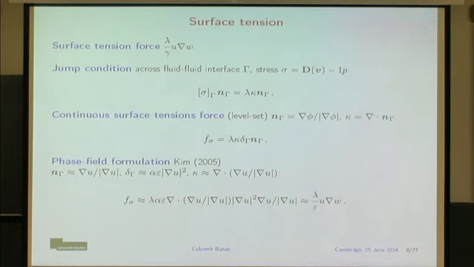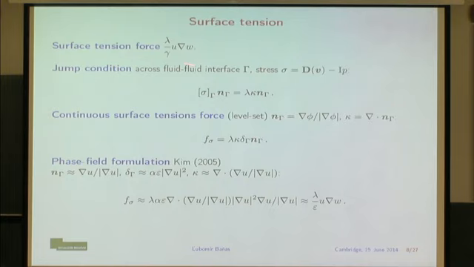Surface tension. So the surface tension is a force that lives at the interface. In the phase field framework, this is a body force. So there is no special treatment of the interface needed in order to impose this force, and we take it in the following form.